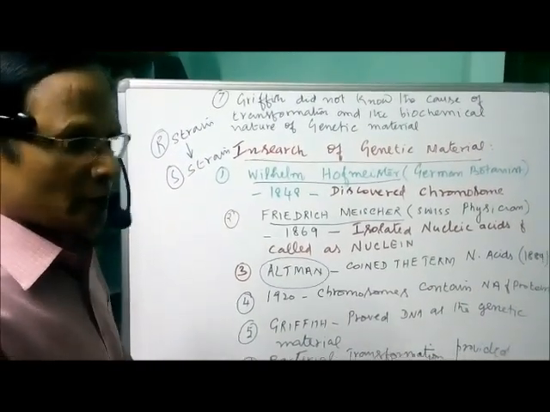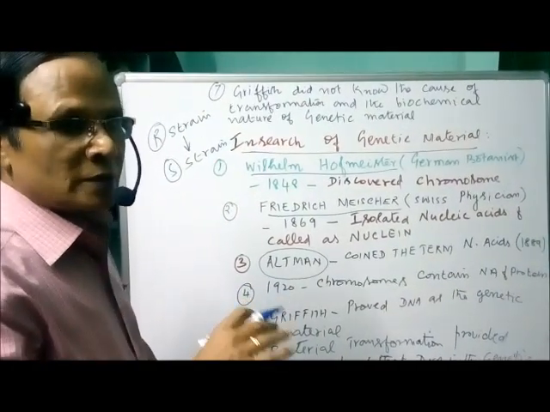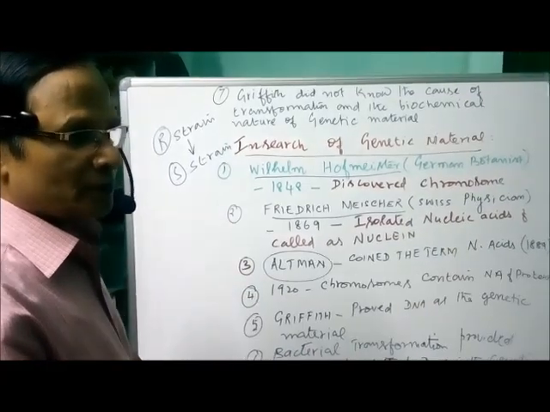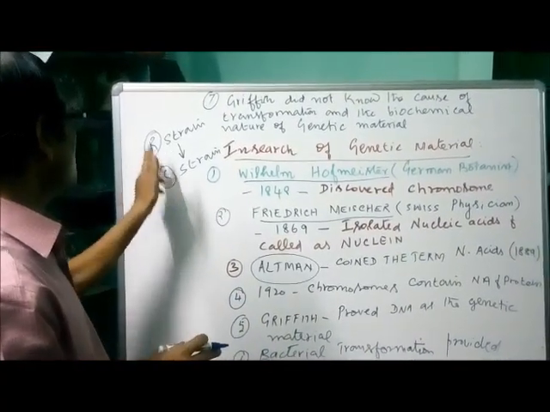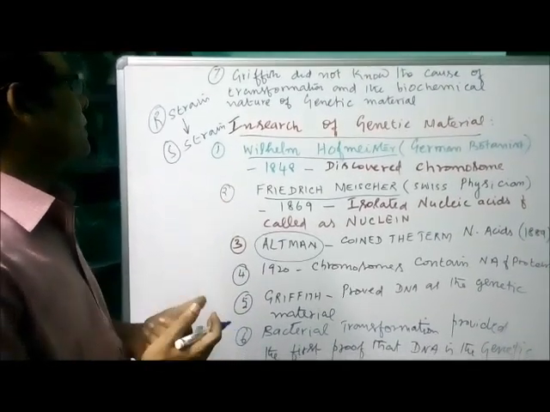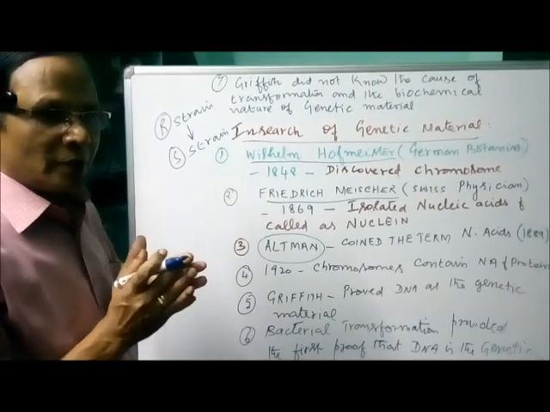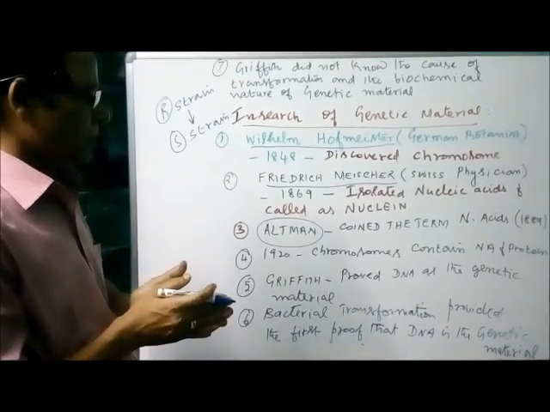So in his experiment, the R strain gets transformed into the S strain. He didn't know the cause of transformation, which substance is transferred from S to R. And the biochemical nature of the genetic material was also not known to him.